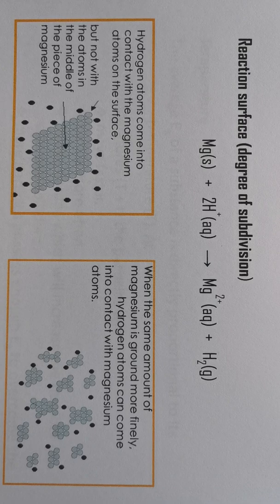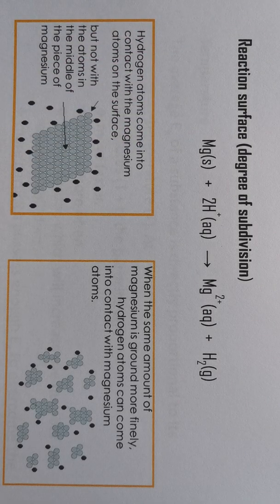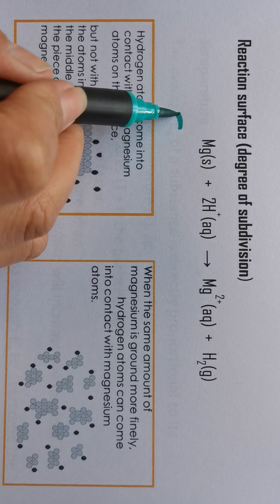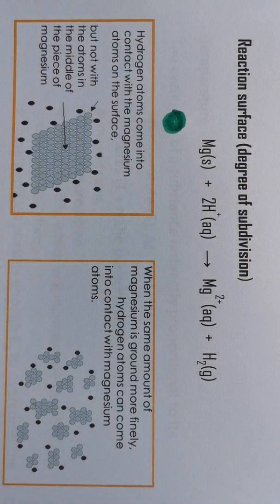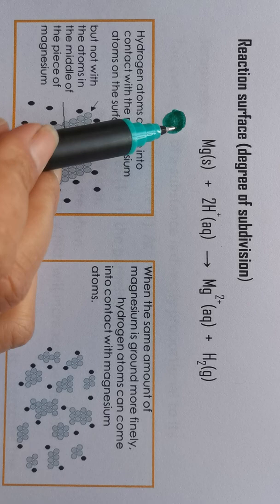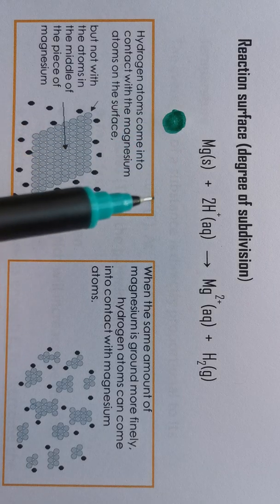But I would like to draw your attention to the fact that if we take a perfectly solid substance, and let's say something like a tablet, what that will then mean is that it's only the surface on the outside of this tablet that makes contact with everything else in order to react.